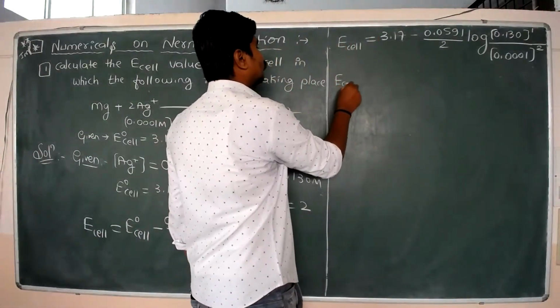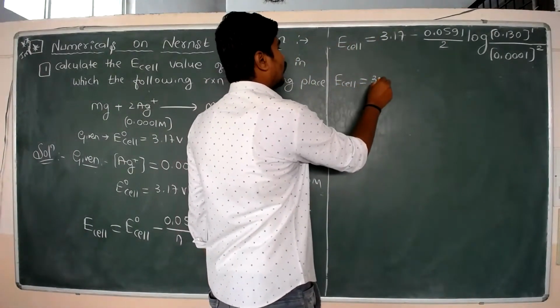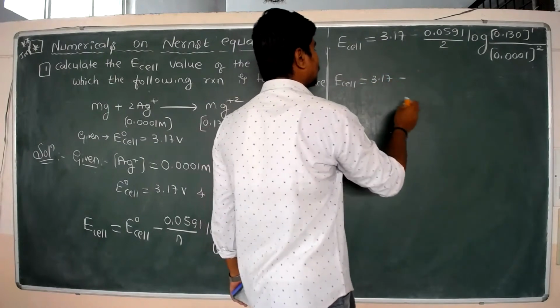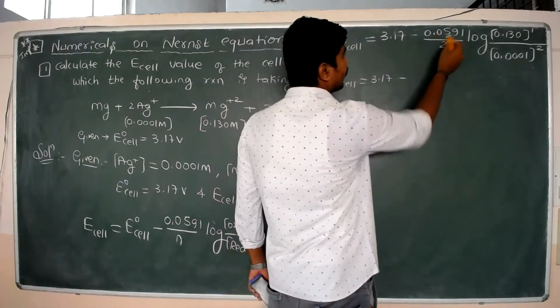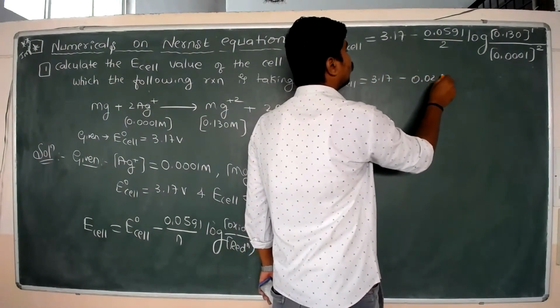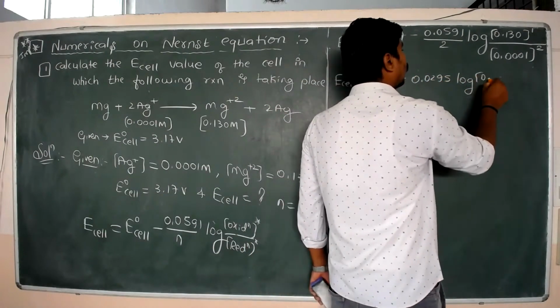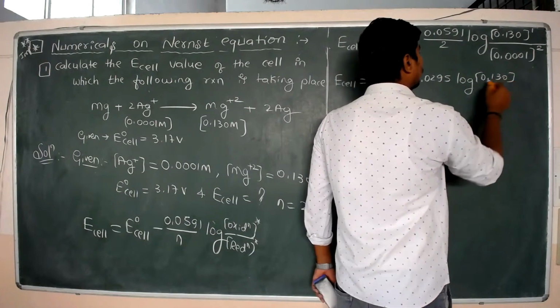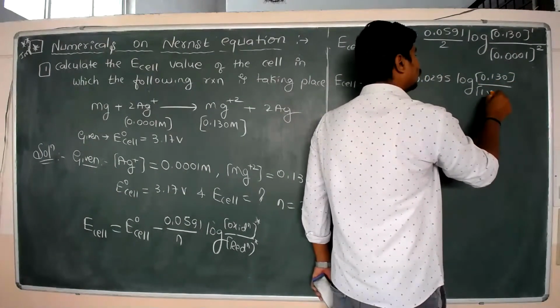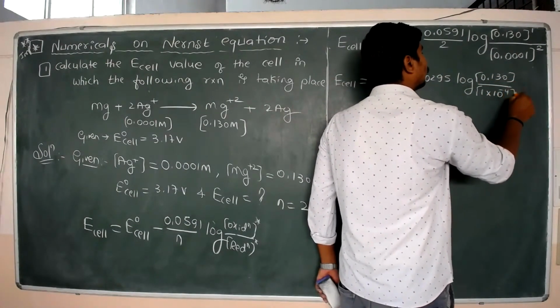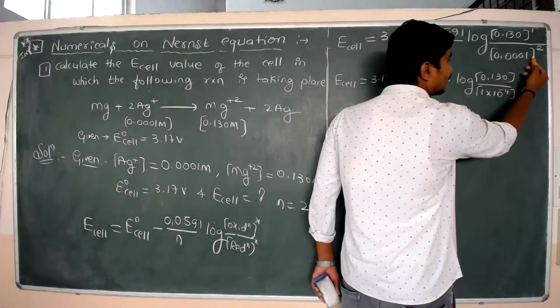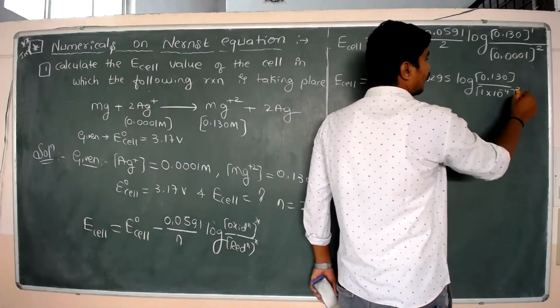E is equal to 3.17 minus, if you divide this value, we will get 0.0295 into log of 0.130 divided by, I am writing this one as 1 into 10 to the power minus 4 because I have shifted the decimal towards the right side for 4 digits, square as it is.